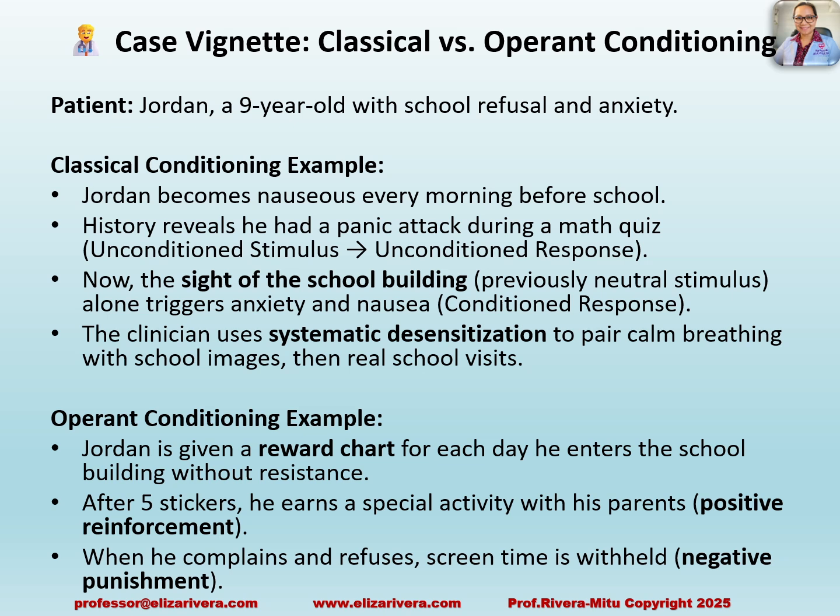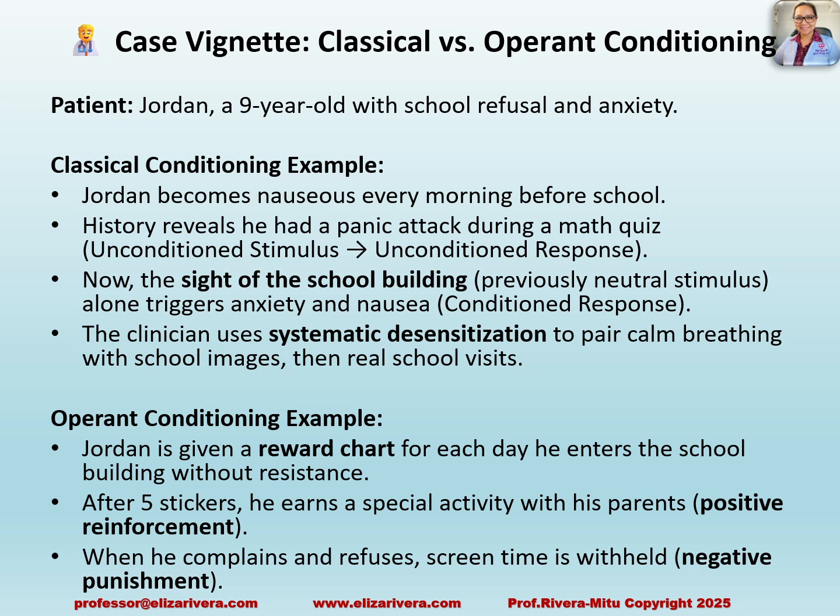In operant conditioning, let's look at how it can support behavior change in the same case. Jordan's parents started a reinforcement chart. Each time Jordan walks into school without resisting, he earns a sticker. After 5 stickers, he gets a reward, like extra playtime or a special outing.